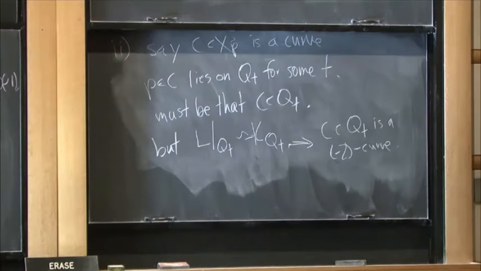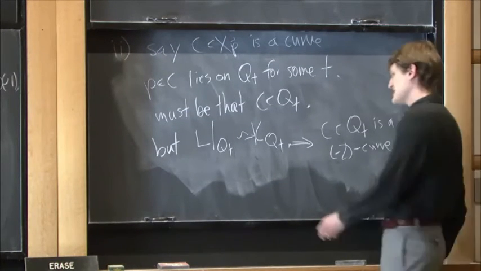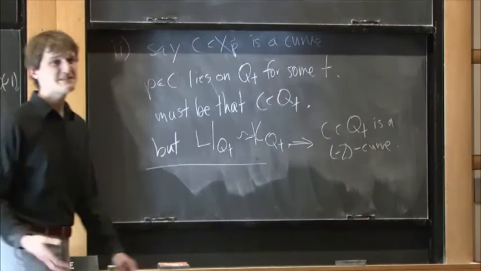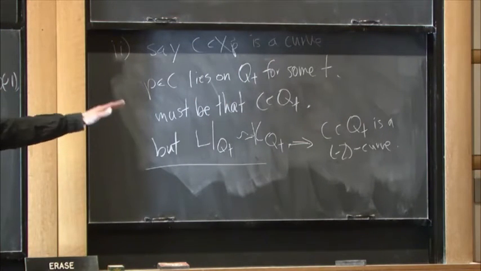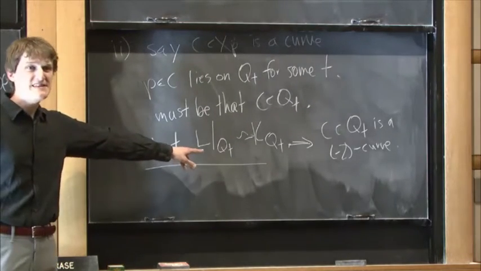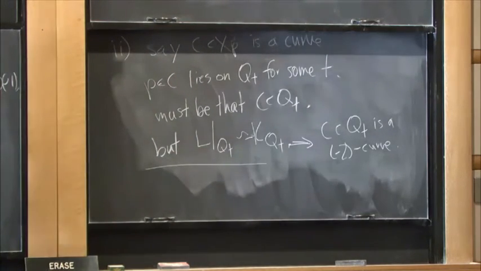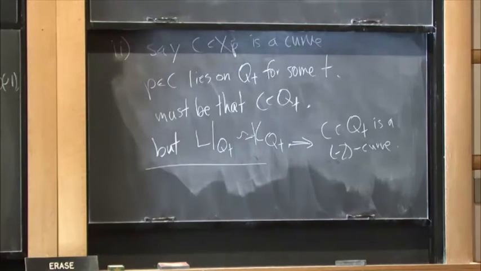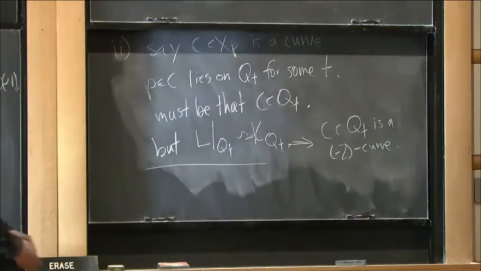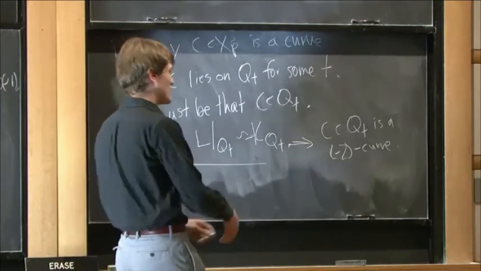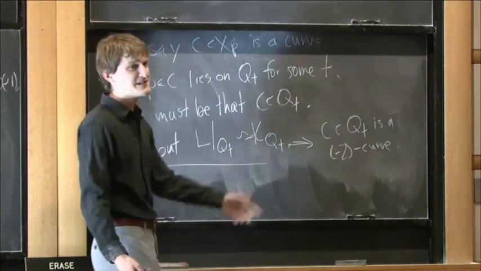The good news is, though, that for a very general member of the pencil, there are no -2 curves whatsoever. So for very general Q_t, L is not 0 on anything. But whenever you have a family of rational surfaces, it typically happens countably many times that a -2 curve appears. It can't be more than countably many. So there's at most countably many times in the family that a -2 curve appears.